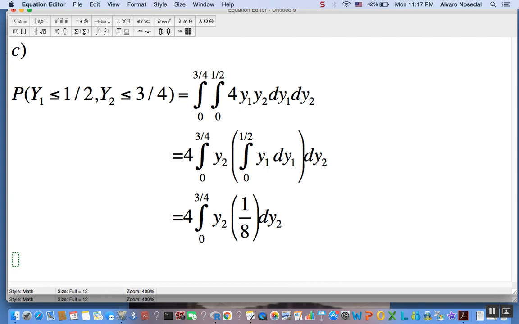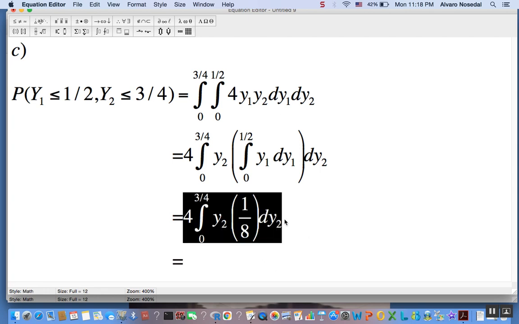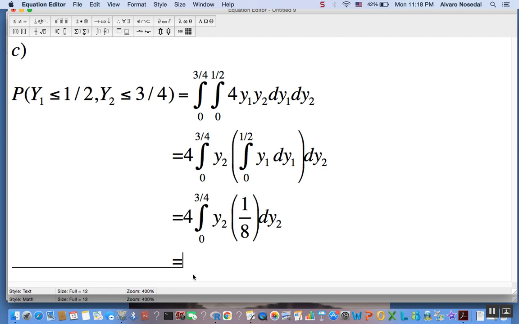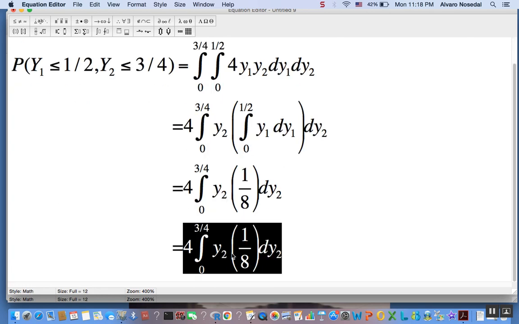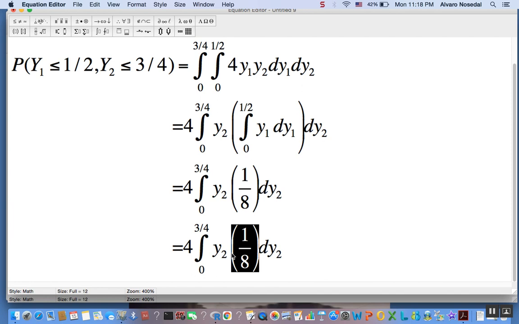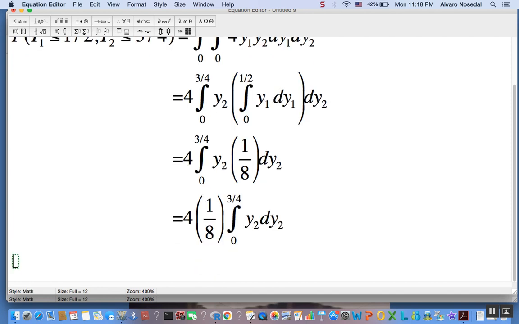Okay, now next step, since that is going to be a constant, we get to pull it out. So let's factor it out. Next, we have the integral of y2 with respect to y2.